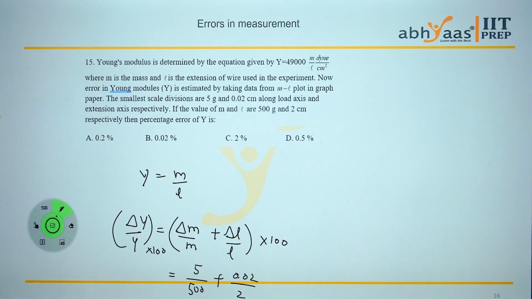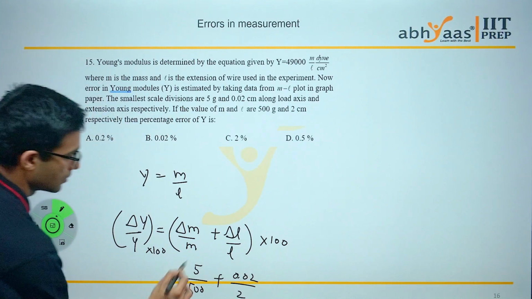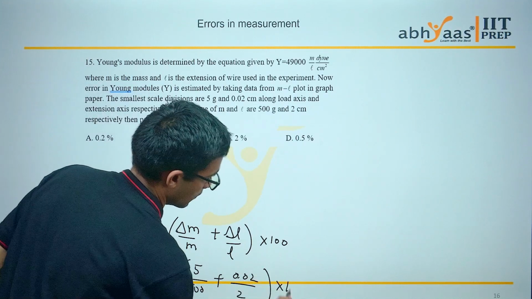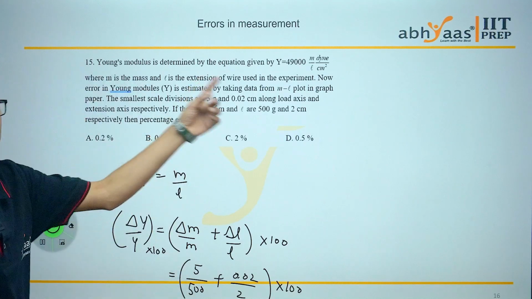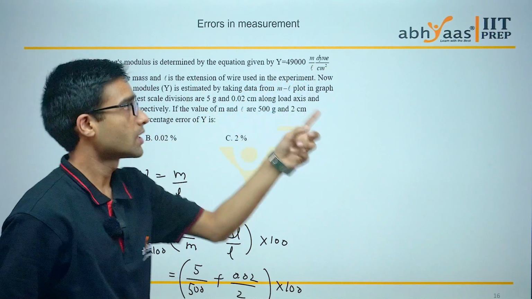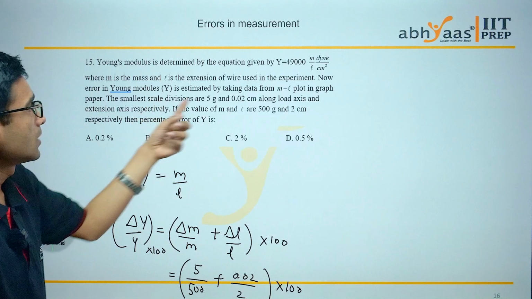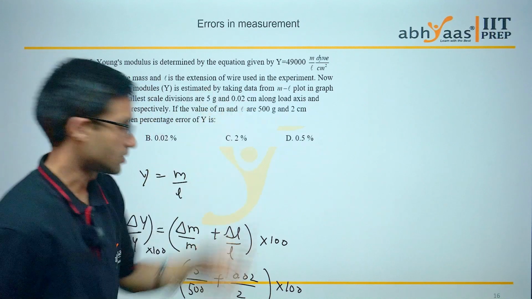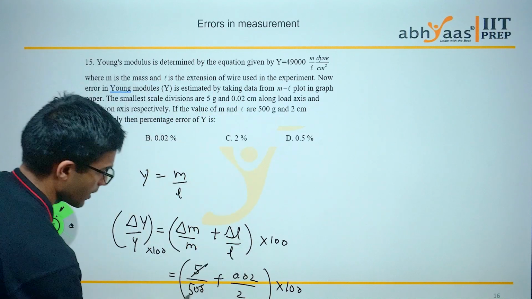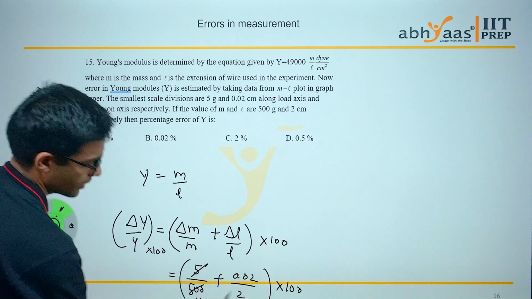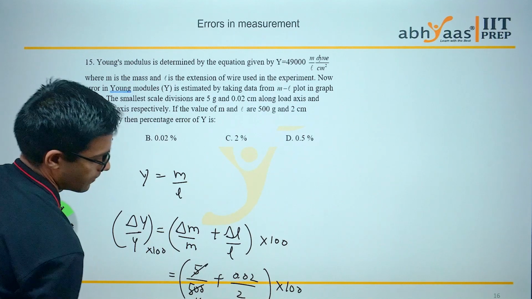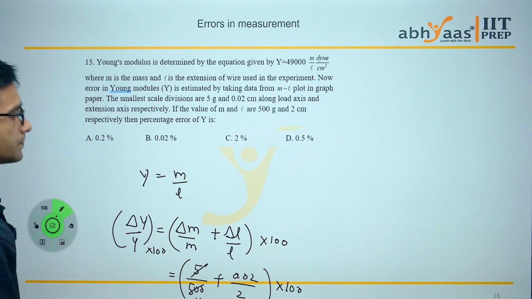So everything is given in CGS system only. So directly you can write, no need to convert. Even the y equal to 49,000 m by L dyne per centimeter square, that is also CGS. Everything grams, centimeters only. CGS system. If you calculate, 1 by 100, this one. Here also, what is it? 0.02 by 2. That is also 1 by 100.